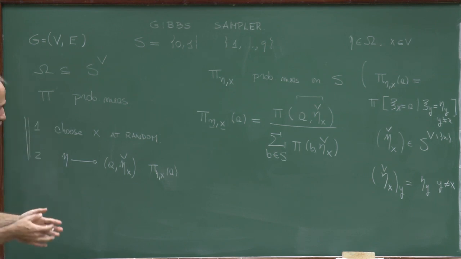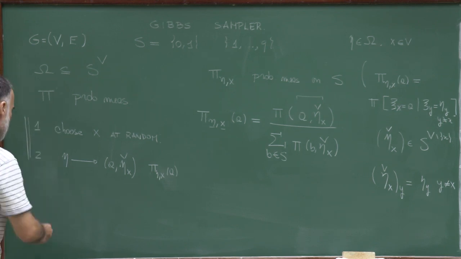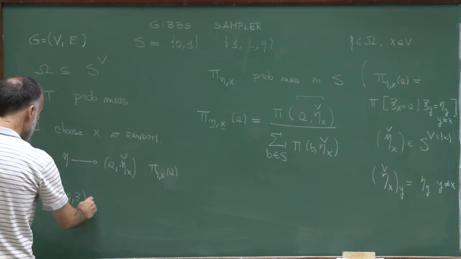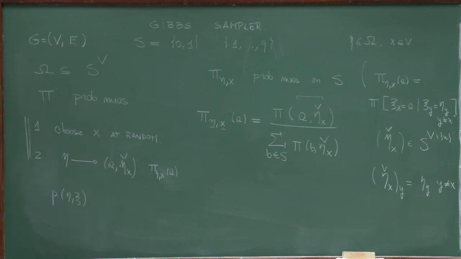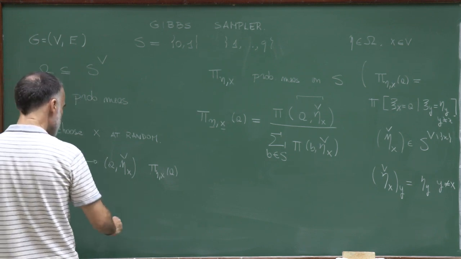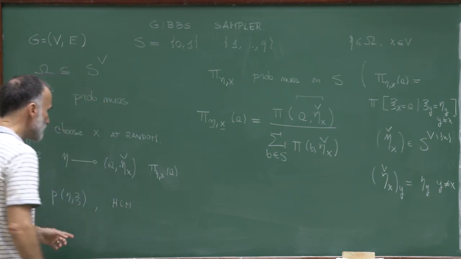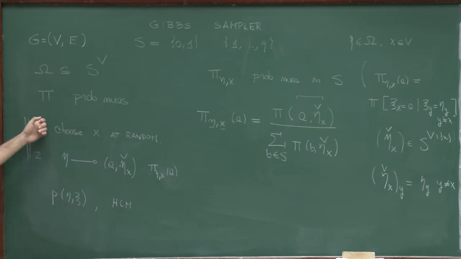So what I will do now is I will first write a formula for p eta xi, as I did for the hardcore model. Then I will show that in the hardcore model, the algorithm we proposed corresponds to this Gibbs sampler.